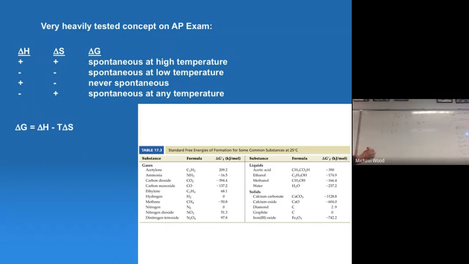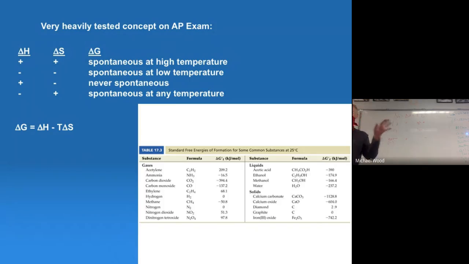If you look at scenario three, it's what I talked about. With the system, when the delta H is positive and delta S is negative, that can never be negative, because you've got a positive minus a negative, that becomes positive. It'll never be spontaneous. That will never happen.